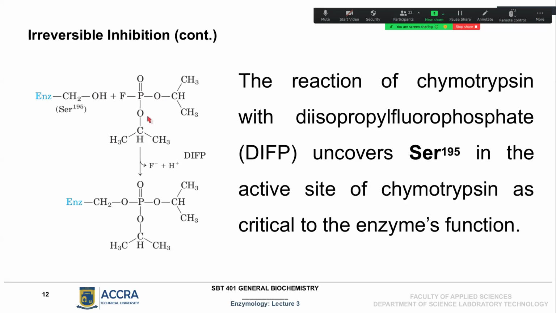And you see there is a displacement of the fluoride ion with a release of hydrogen ion. Then in that position where you see the fluoride, you now see that there is a conjugation with the enzyme chymotrypsin at the active center, on that amino acid residue, the serine.